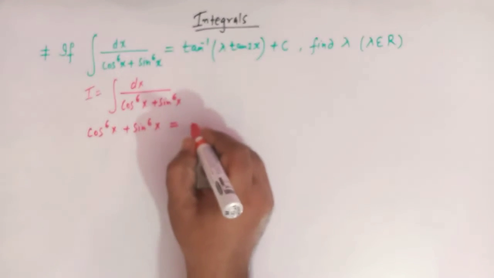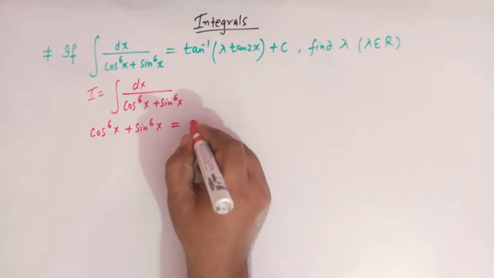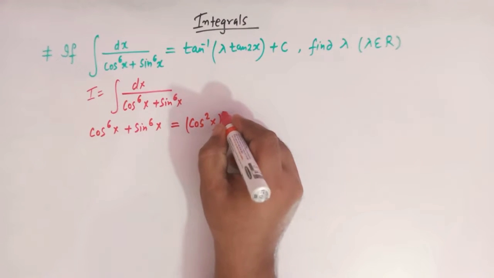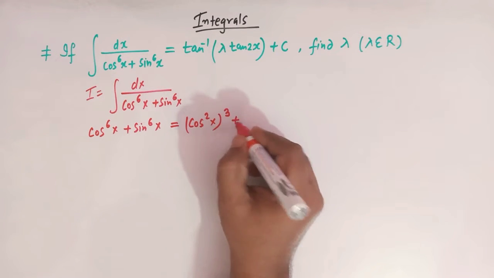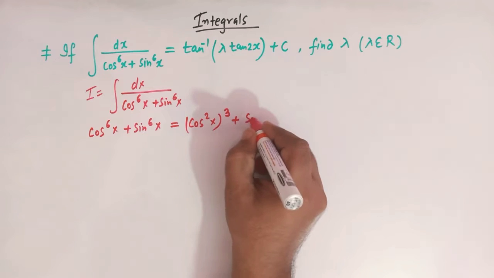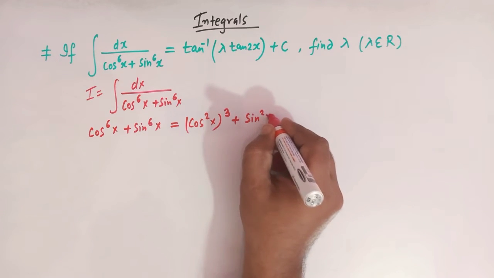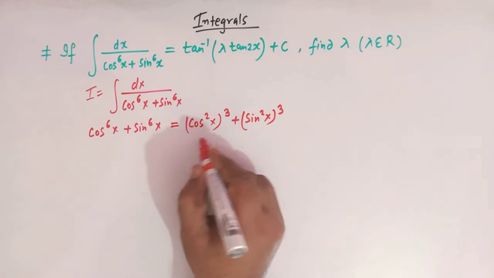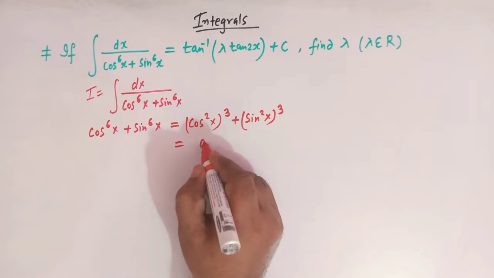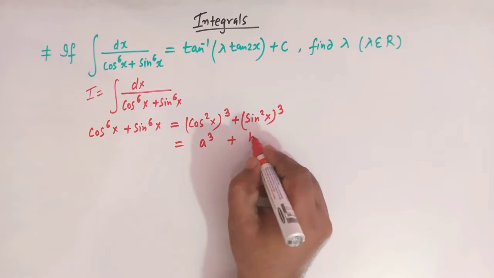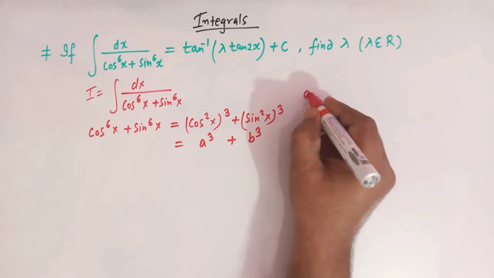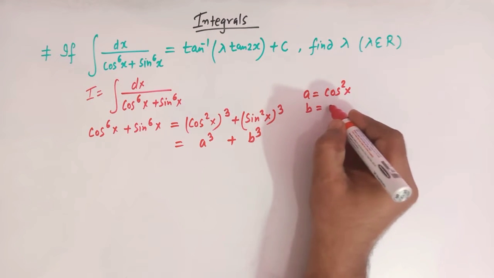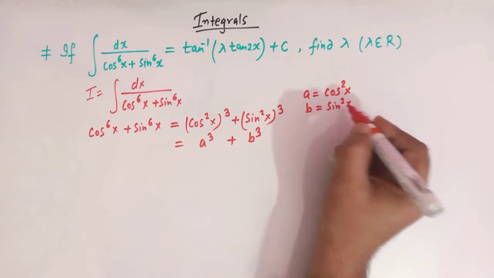Here we can write cos raised to 6x as cos square x whole cubed, and similarly sine square x whole cubed. Now we have the form a cube plus b cube, where a is equal to cos square x and b is equal to sine square x.